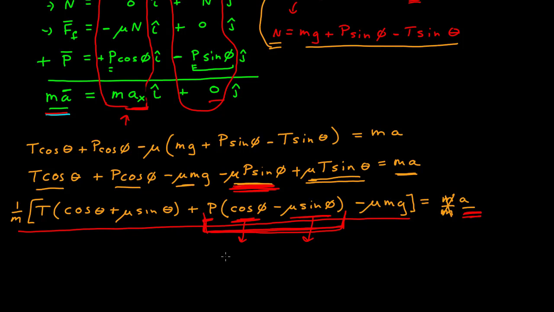So from this, we now answer part 2, which is cosine phi must be greater than mu sine phi, or in other words, mu must be less than cotangent of phi. Otherwise, the cotangent of this angle must be greater than mu. Otherwise, Bob is not helping, but he's hindering accelerating the box forward.